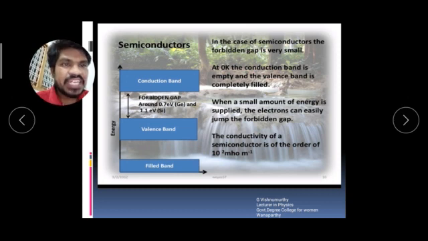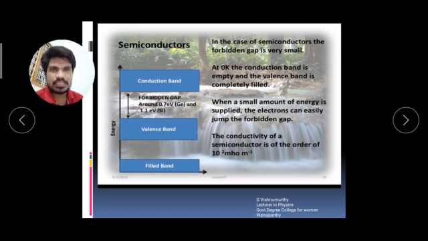Okay, the conductivity of a semiconductor is of the order of 10 to the power of 2 ohm meter to the power of minus 1. For example, the energy gap of silicon is 1.1 electron volts, and in the case of germanium it is 0.7 electron volts. At 0 kelvin in silicon and germanium, all valency electrons occupy the valency band.